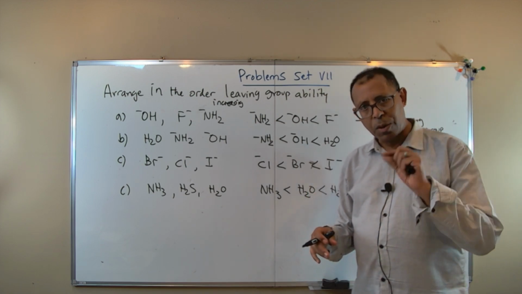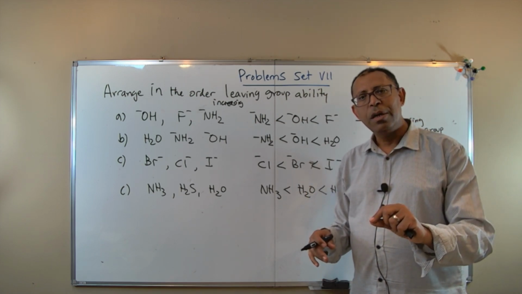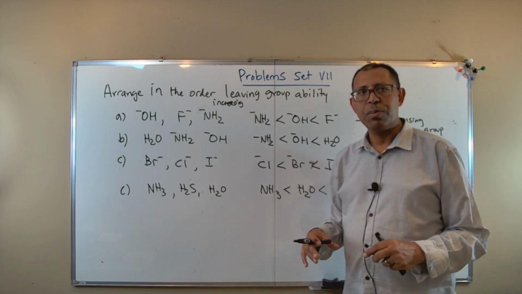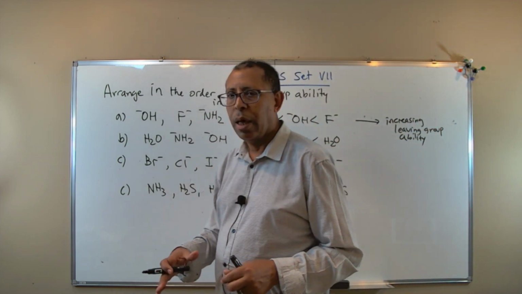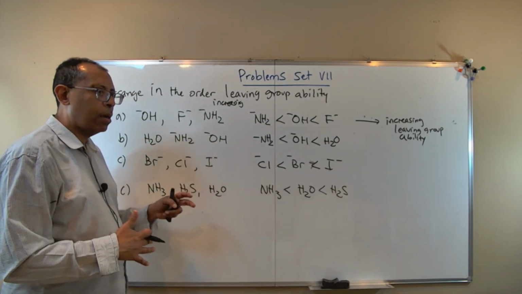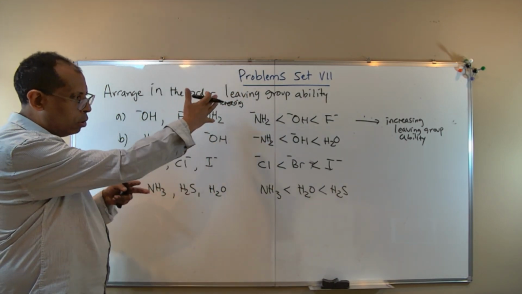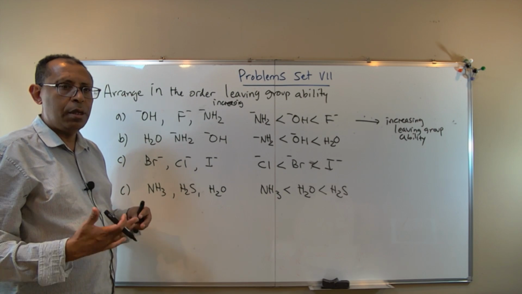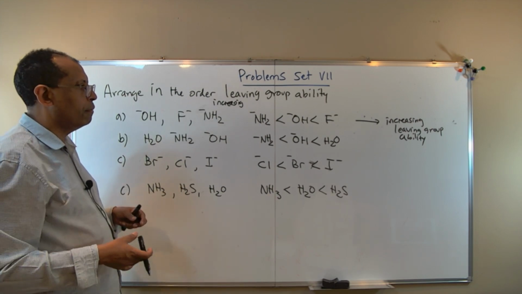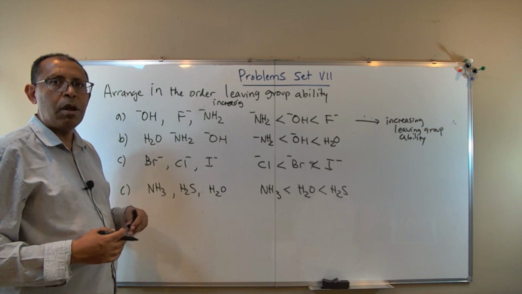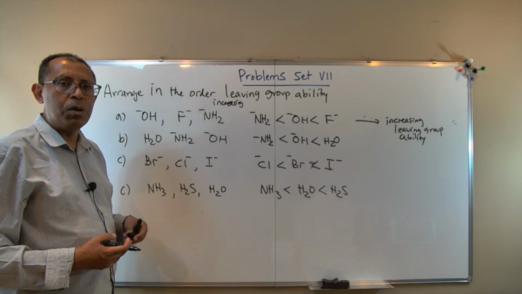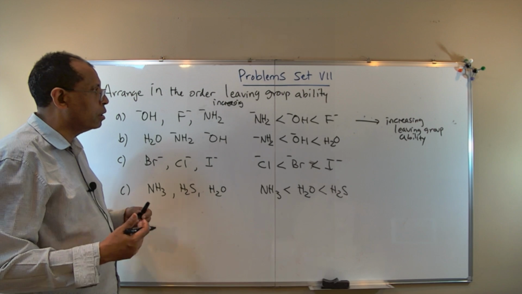If it is a strong nucleophile, it is not a good leaving group. So you can evaluate leaving group ability by basicity. In that way, you could identify the property of your nucleophile or your leaving group and how fast the reaction could be. So we'll continue with the next question.